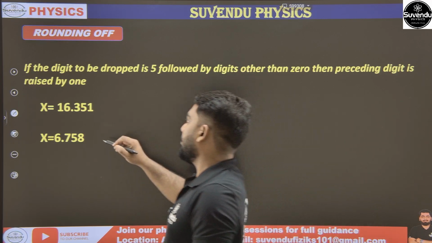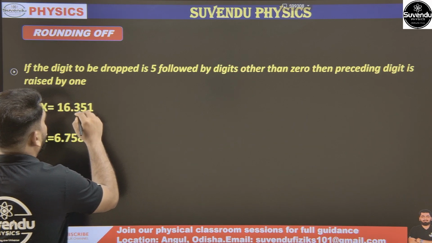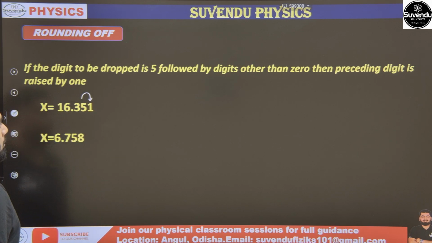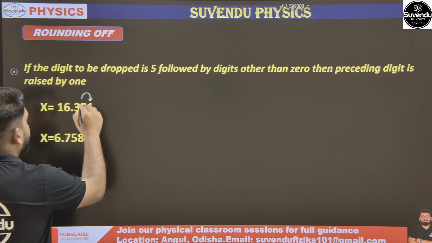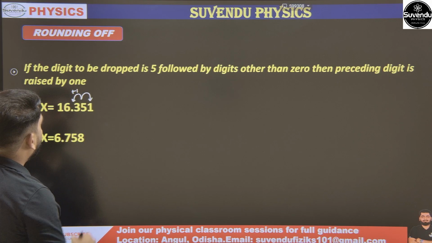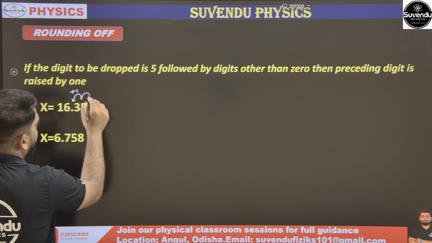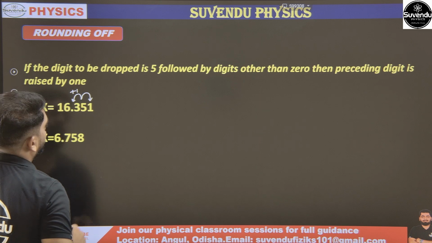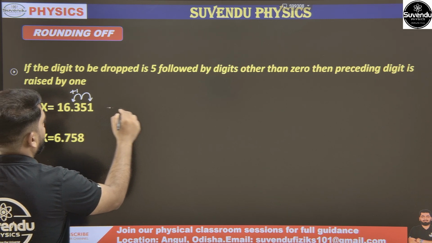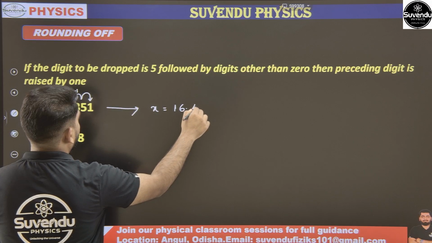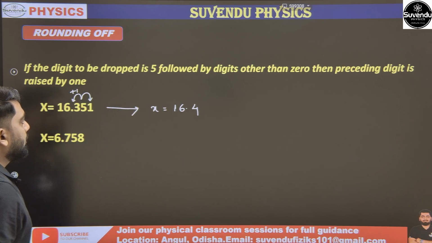If the digit to be dropped is 5 followed by any number other than 0, then the preceding digit is raised by 1 unit. Here, after 5 there is a number other than 0, so the preceding digit gets plus 1 added, and this is rounded up to 16.4.